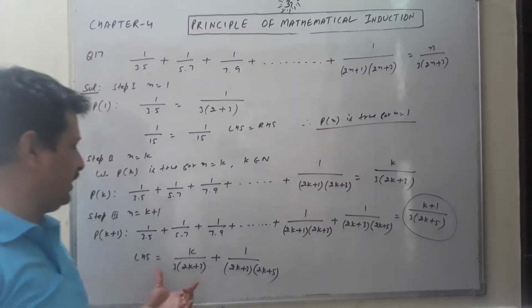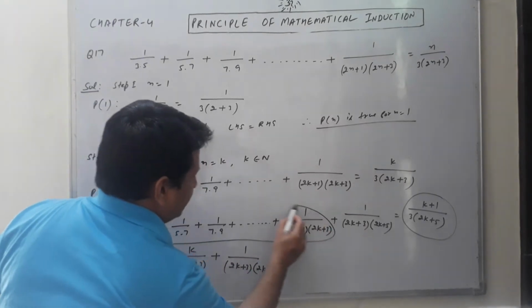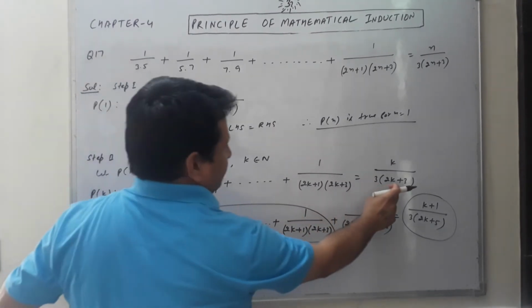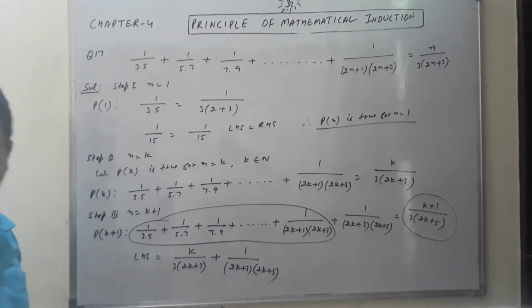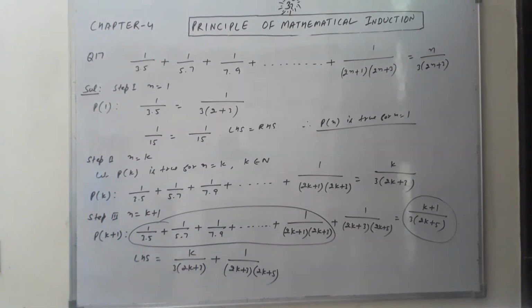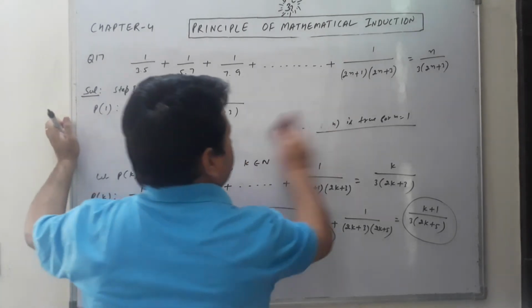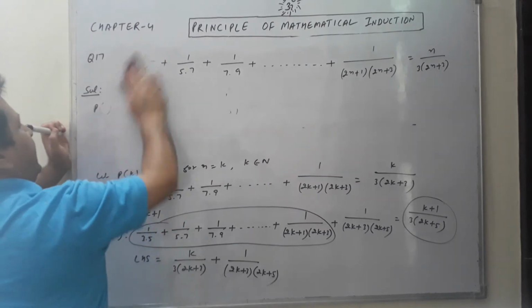What I have done, students, up to here, for that one I will use step number 2. I will take the value from there, and here I have changed the k as k plus 1. So we will solve it. Whatever we get will come as equal to the right hand side, students.